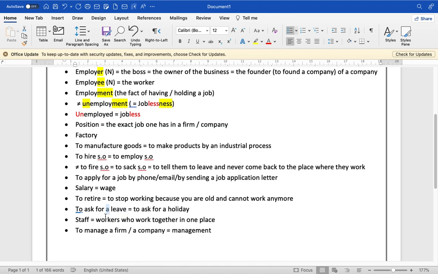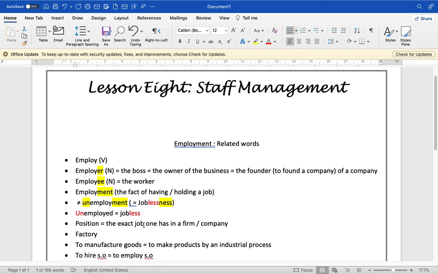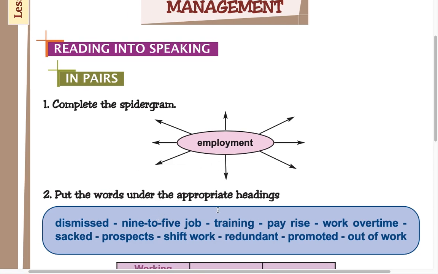As you can see here, we have a, which is an article, after which we usually find a noun. Most of the time, of course, you can find an adjective in between. So that is a temporary holiday, for example, a 1 week leave.